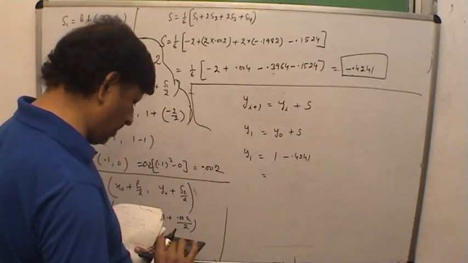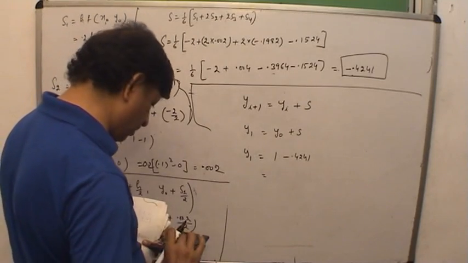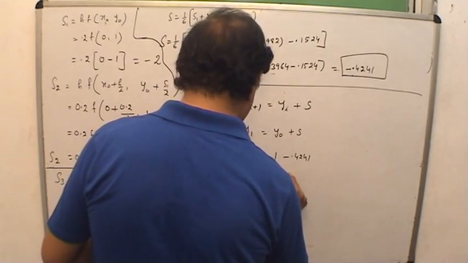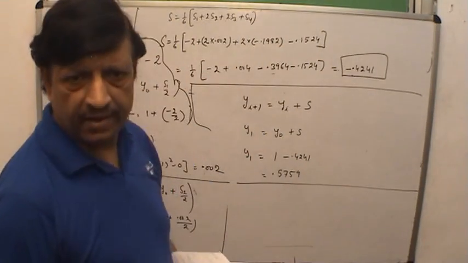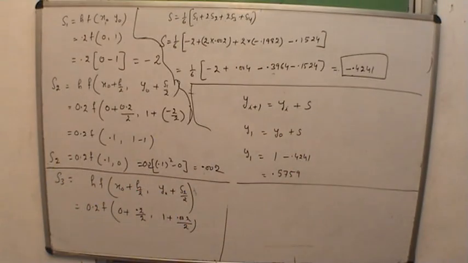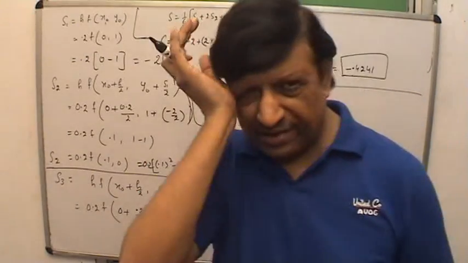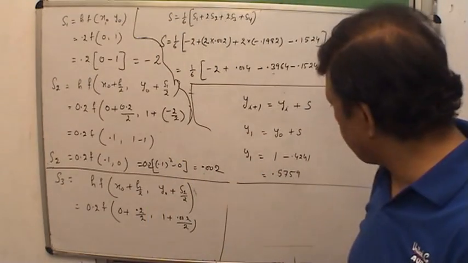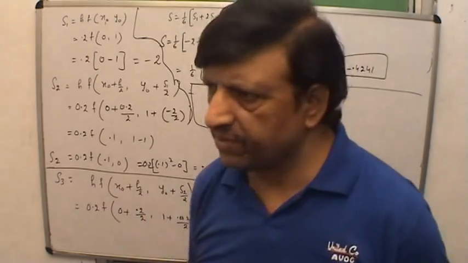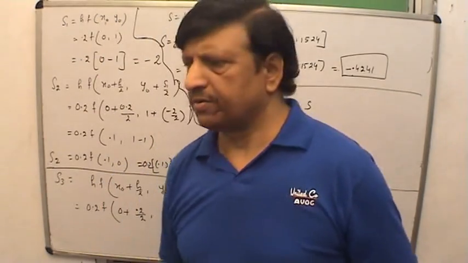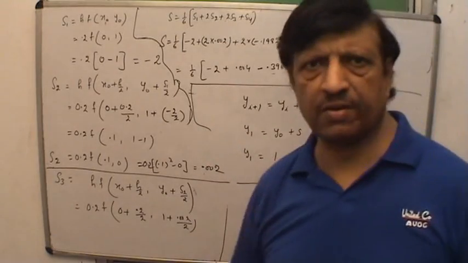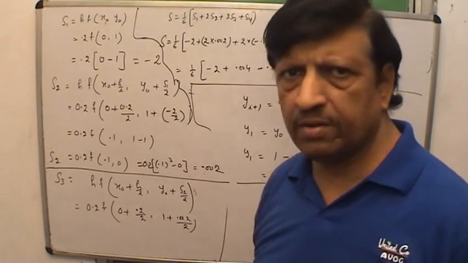That's equal to 1 minus 0.4241, which is 0.5759. Now it is the first step. In the same manner, we can continue. If there is some decimal problem, you can make corrections. I will check it. The main purpose is that you must have followed the procedure.